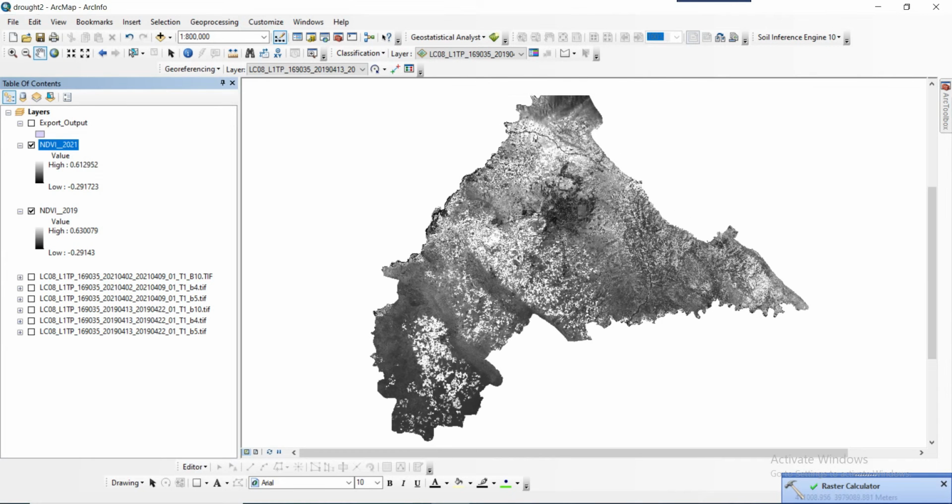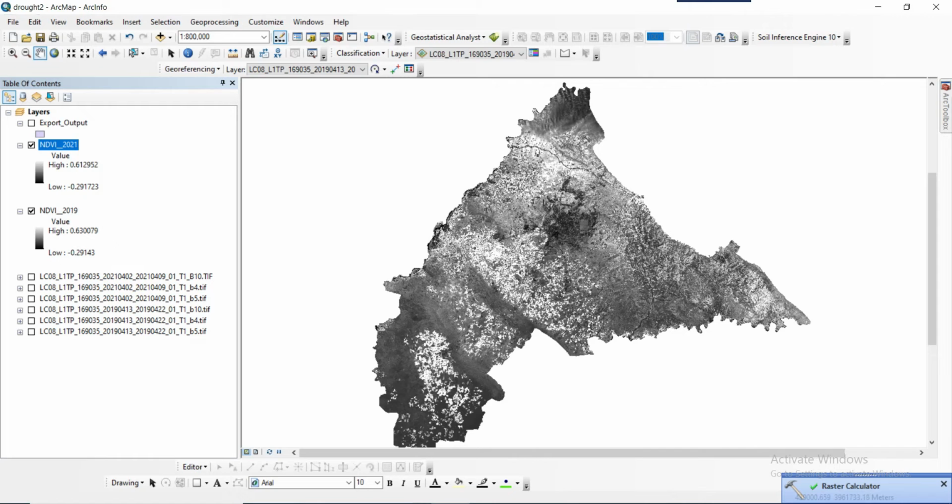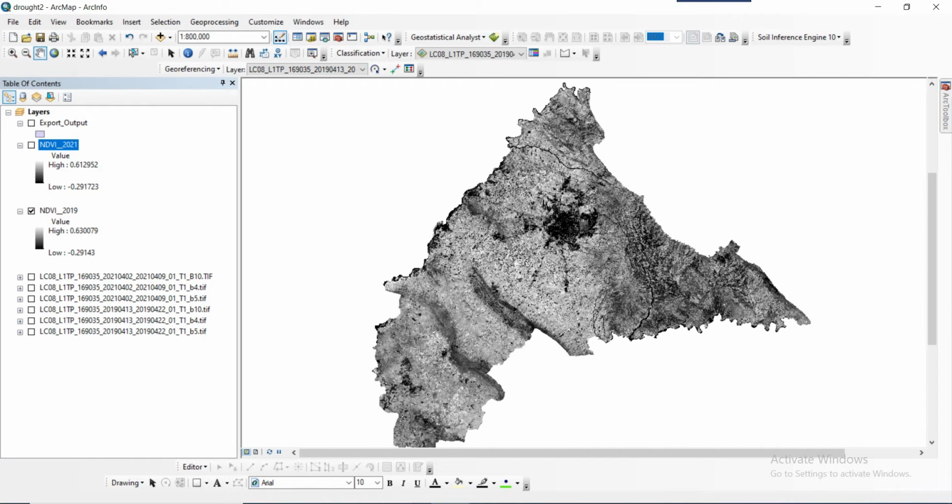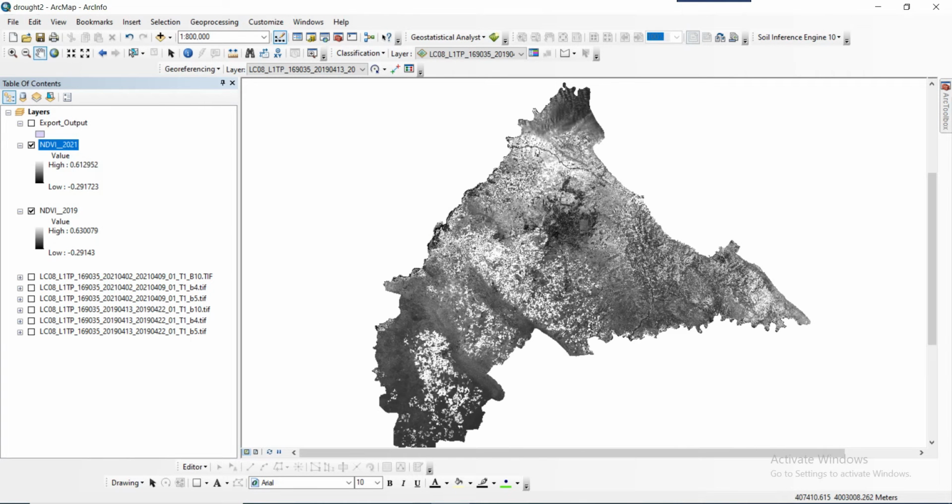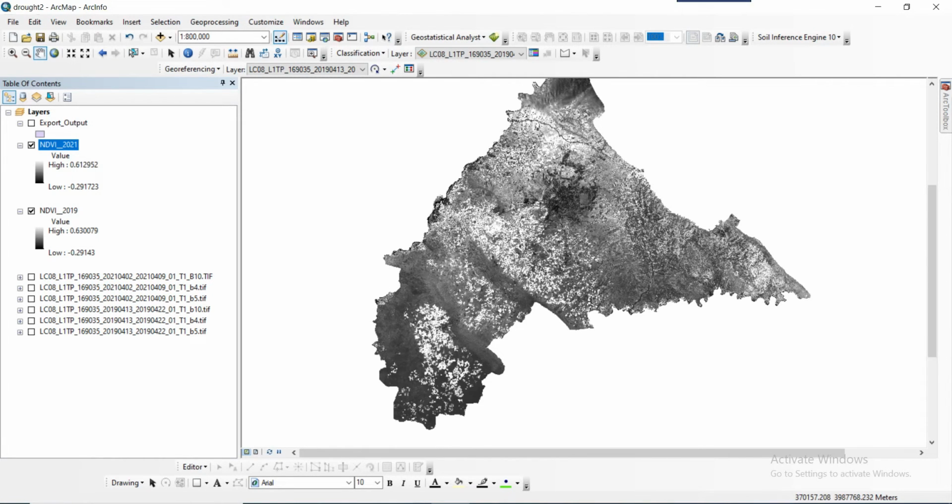There we go, so we have calculated the NDVI for 2019 and 2021. In the course itself, we're going to use the same process for calculating and clipping the area we want.